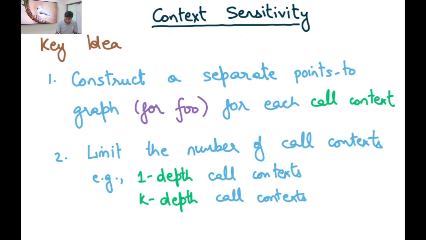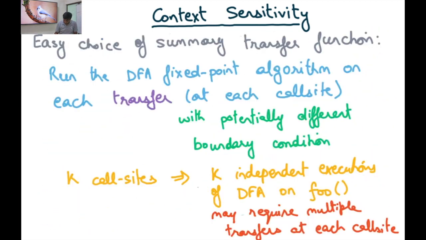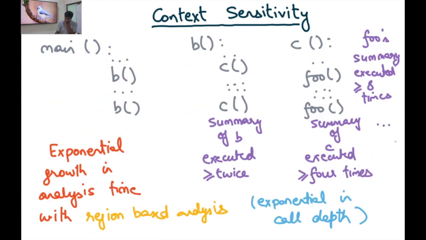So for example, in this case here, if I have a call context of depth 1, then foo will have only 2 call contexts, because foo has only 2 call sites at depth 1 of the call chain.